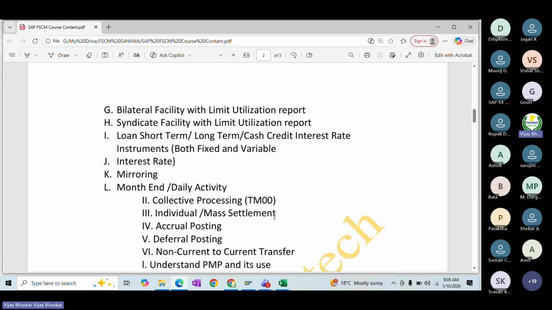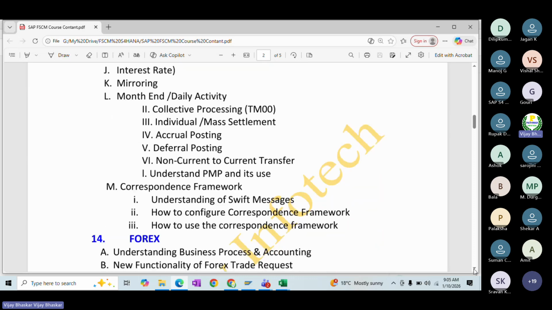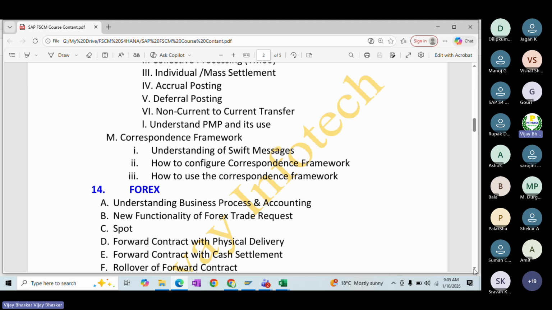Then what are the month-end activities and the daily activities which will be part of the treasury? Under money market, we will see that. Then correspondence framework. This is one of the important things in the treasury. If I speak frankly, if you are going to participate in a treasury implementation project, at least 20 to 25% of the time in the implementation phase, you would need to spare for the correspondence mapping only, because each and every correspondence would require a different layout, and different requirements will come from the client.